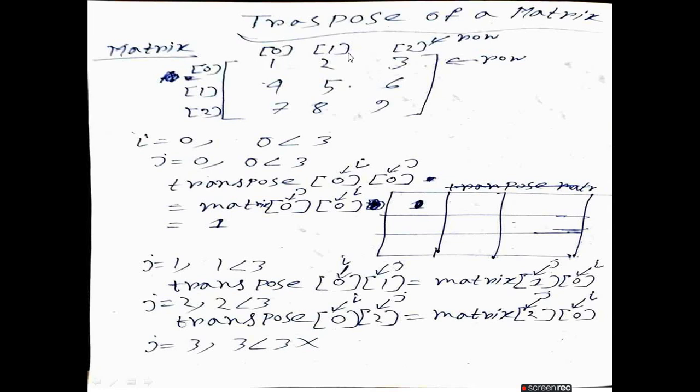Row 0 column 0 is 1, row 0 column 1 is 2, row 0 column 2 is 3, row 1 column 0 is 4, row 1 column 1 is 5, row 1 column 2 is 6, row 2 column 0 is 7, row 2 column 1 is 8, row 2 column 2 is 9. Now go back to our algorithm.